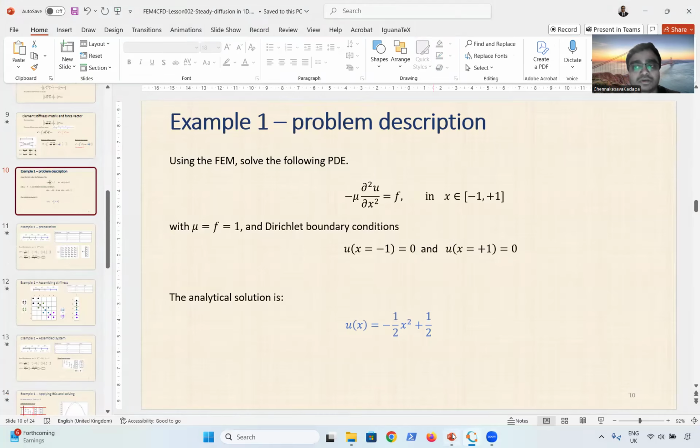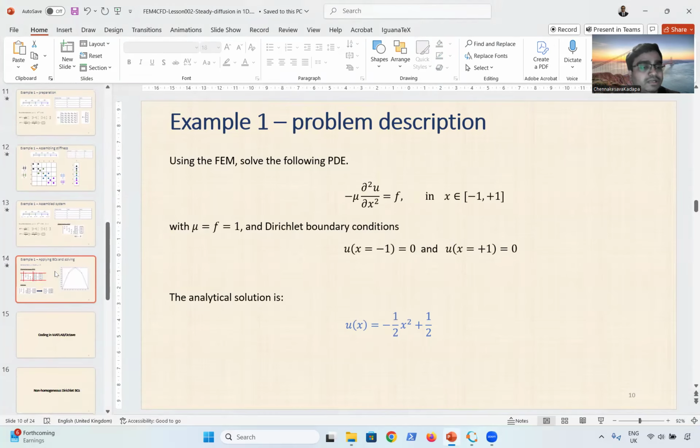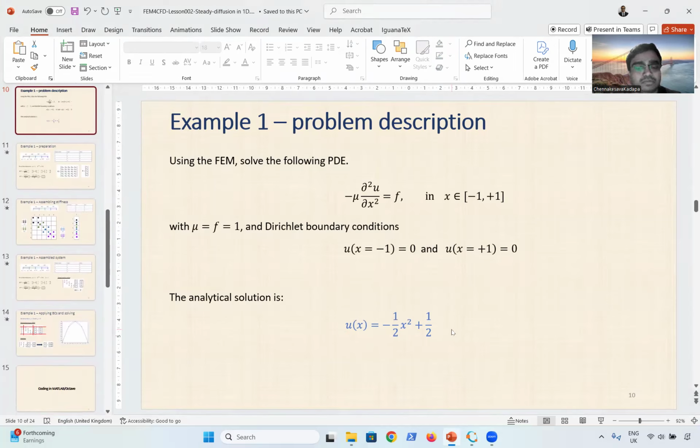That's what we are going to look at next. With that, we have implemented the first code for solving the 1D steady diffusion equation using the finite element method. This code needs a few tweaks to incorporate non-zero boundary conditions. I'm going to do this in the next part. Same lecture, but next part.